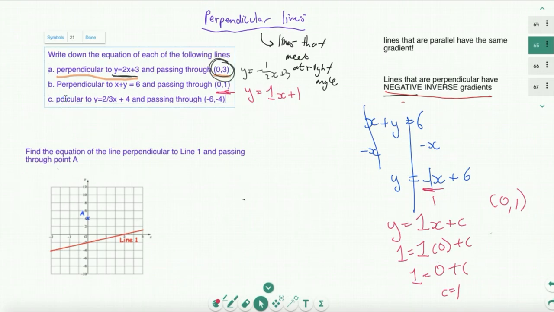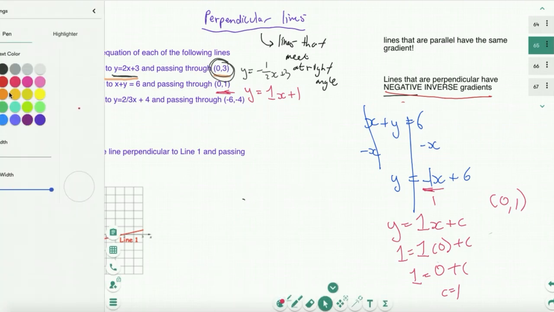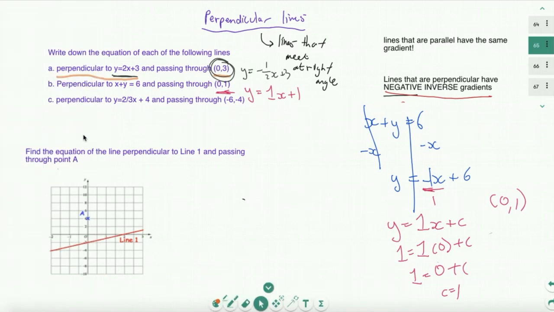Ooh, I still made a spelling mistake. Perpendicular. Find the equation of the line perpendicular to y equals 2/3 x plus 4 and passes through (-6, -4). Well, so we have a line. It's perpendicular to this line. Let's copy that down.